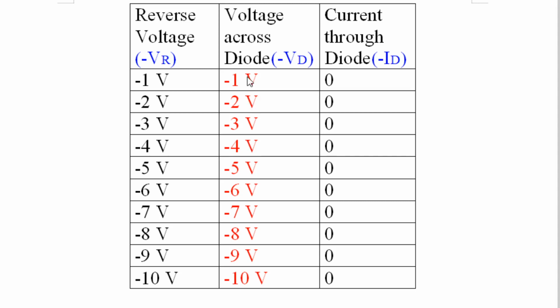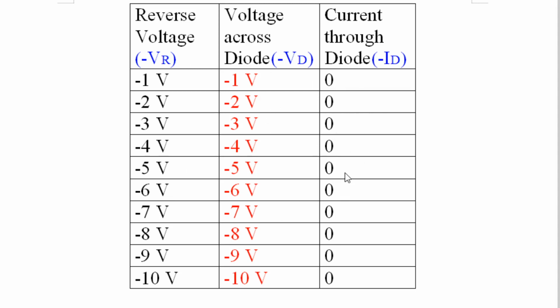Therefore, in reverse bias the diode behaves as a very high resistance device, in mega ohm. Whatever reverse voltage VR you apply, minus 1 to minus 10, the measured voltage across the diode is again the same, but the current flowing through the diode is 0. This is the observation for the ideal PN junction diode.